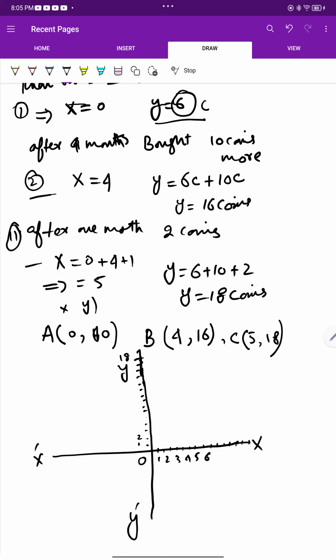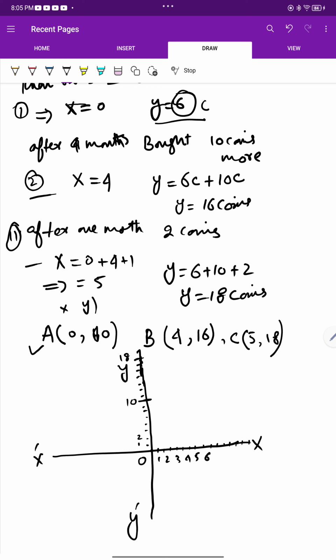So the first one, now we're going to draw A. A is x equal to 0 and y is equal to 10. 1, 2, 3, 4, 5, 7, 8, 9, 10. So this is 10 here. And x is equal to 0, y is equal to 10. So this is our first point.